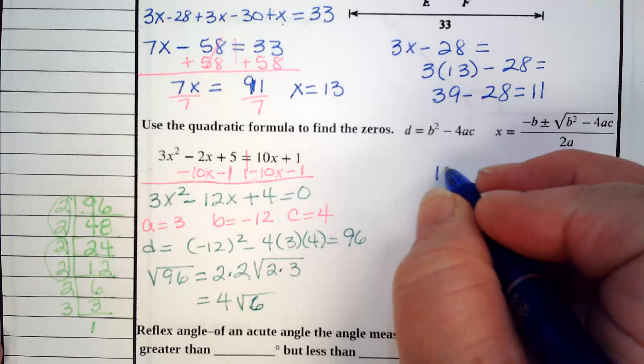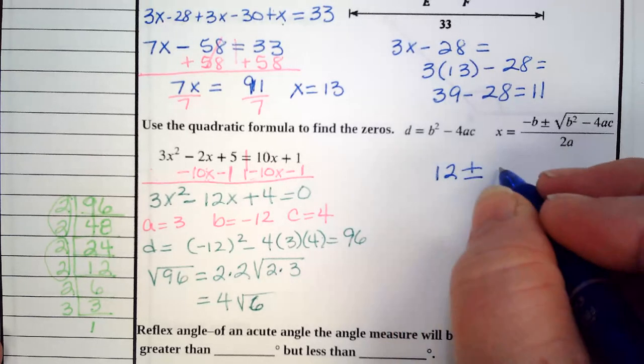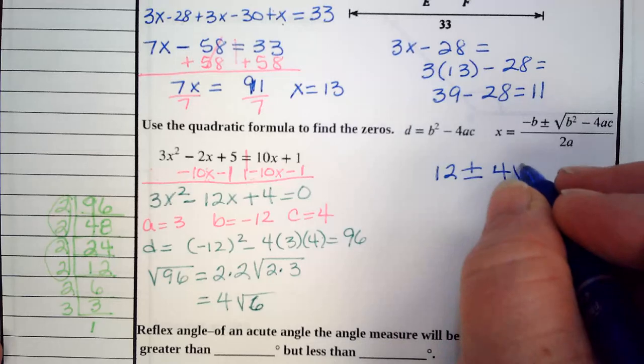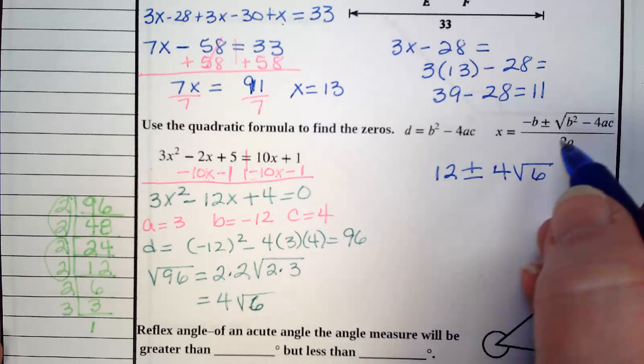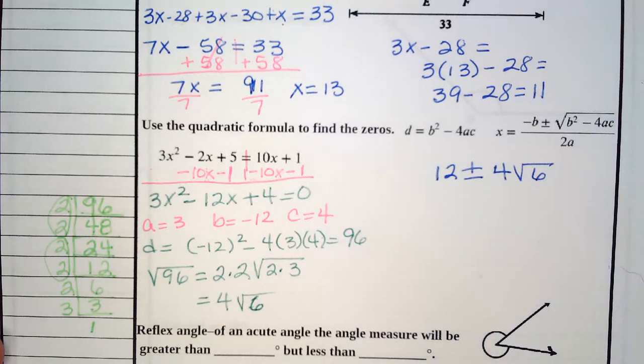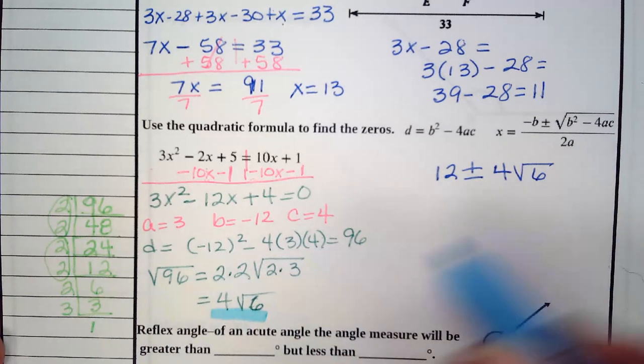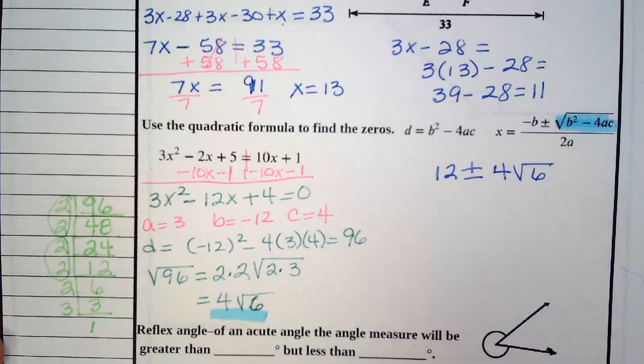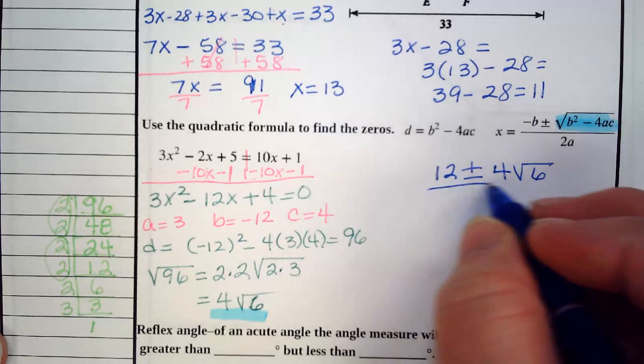That's 12, plus or minus the 4 square root of 6. If you're looking, this number here is what we've got right here, all over 2 times 3.